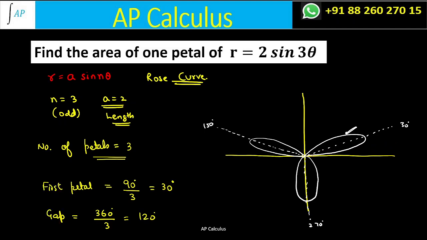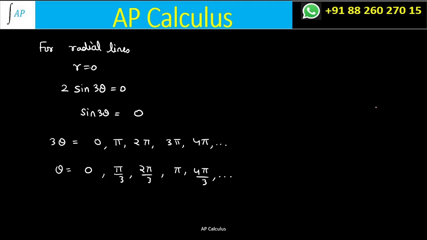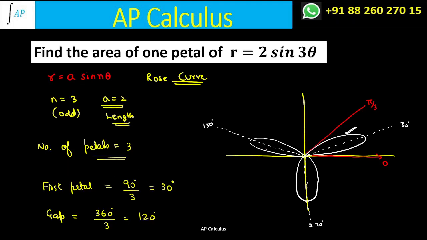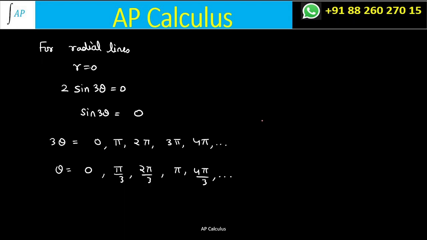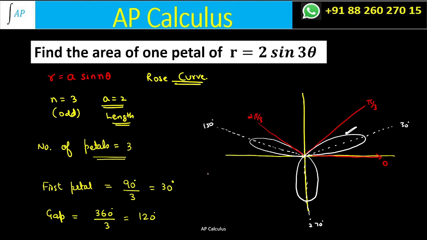The second radial line is pi by 3. The third radial line is 2 pi by 3. And the next radial line is pi, which is along this. In this way you can find all the different radial lines.